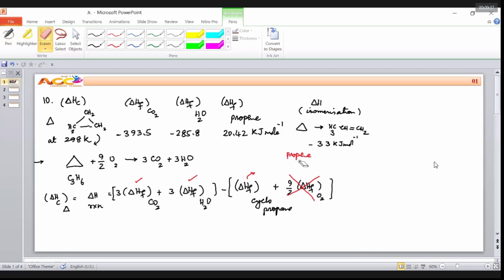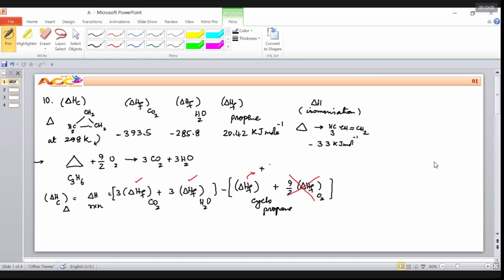No need of explaining in this manner. Simply you can go like this. Sir, I am having cyclopropane to propene, minus 33. No. I want conversion of this compound, enthalpy of formation of cyclopropane. This compound is required. Reverse the arrow. Once you reverse the arrow, what happens?